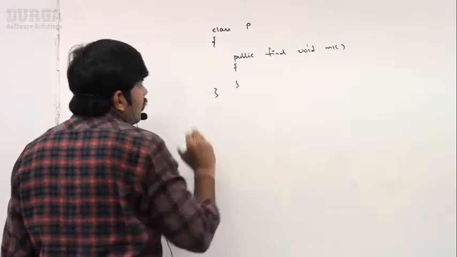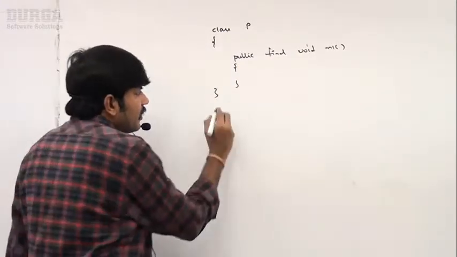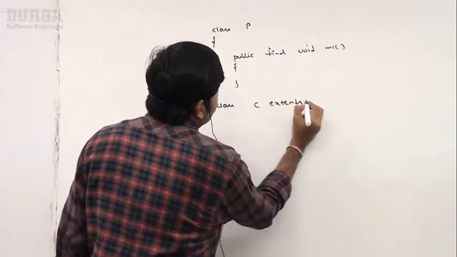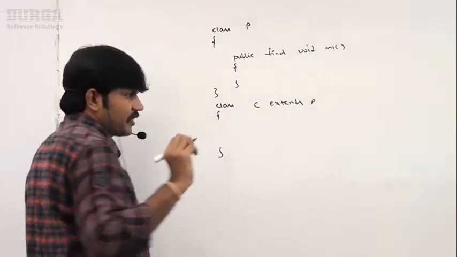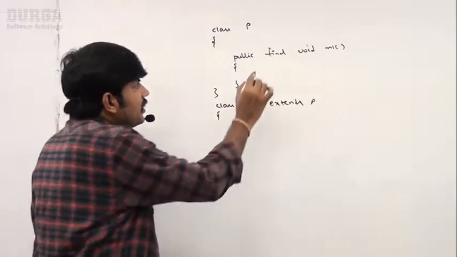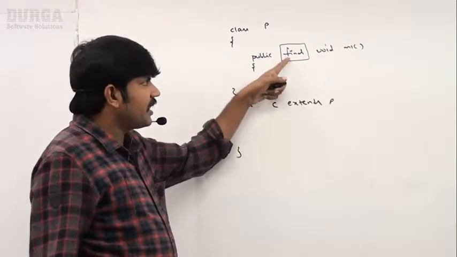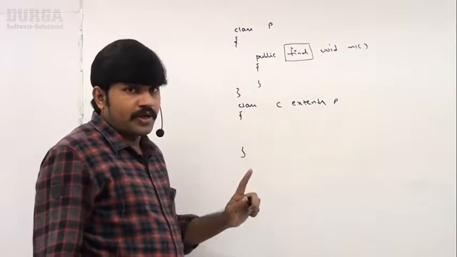Now class C extends P. Here I am also taking public final void m1, curly braces open and close.